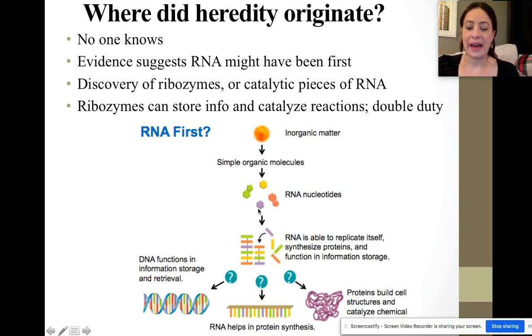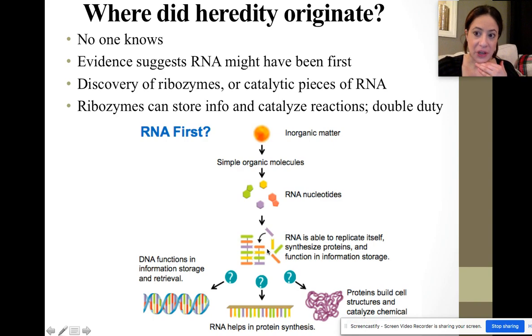So RNA nucleotides would have been able to assemble into a chain. And we know that RNA is able to replicate itself. It's able to synthesize proteins, and it can function in information storage. So it has those 3 capabilities. So that's what RNA is able to do itself.